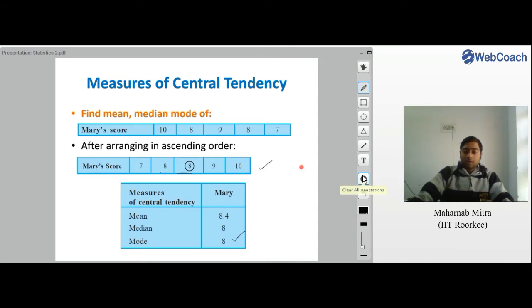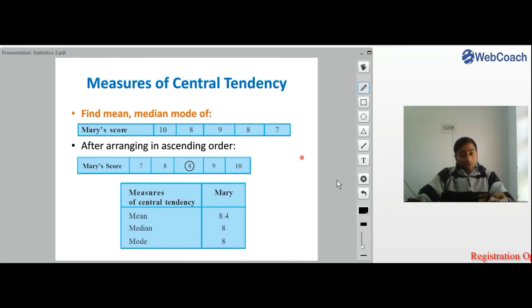Now why are we arranging the data in ascending order? You can see, if suppose we have not arranged the data in ascending order, our median would have been 9, and our mode would have been 8, because mode is just the number of times of occurring. So mean and mode you can do without arranging the data, but arranging the data will be quite helpful.